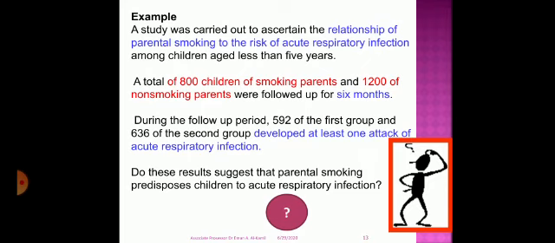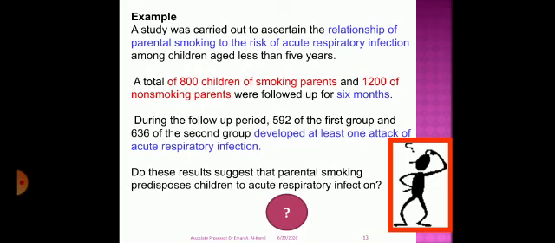So according to this study, during the period of follow-up, it has been found that 592 of the first group, the children of smoker parents, developed respiratory tract infection, compared to 636 of the second group, where they have no history of smoking among their parents, and they developed respiratory tract infection.